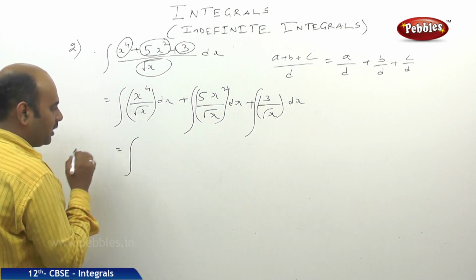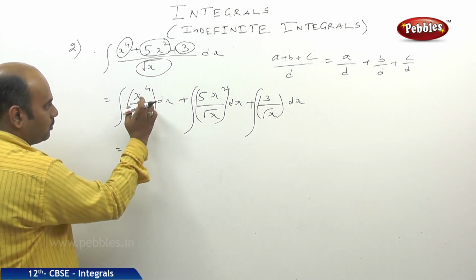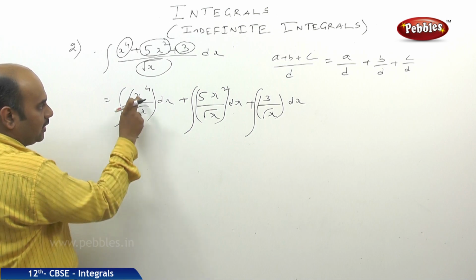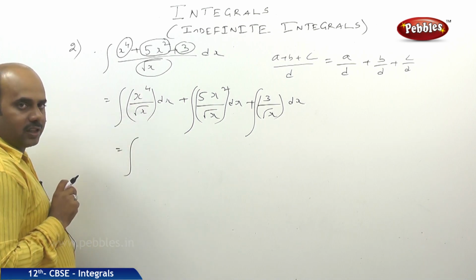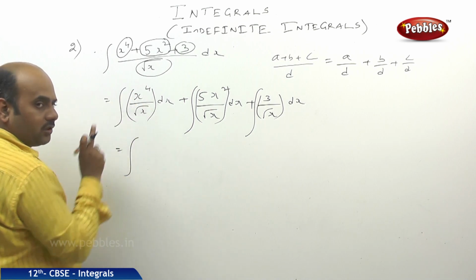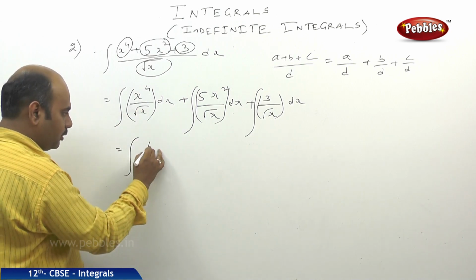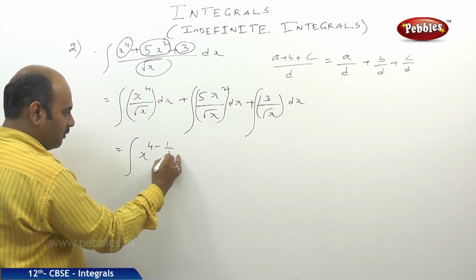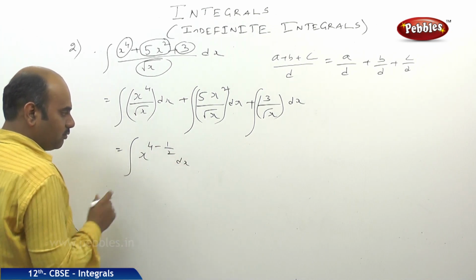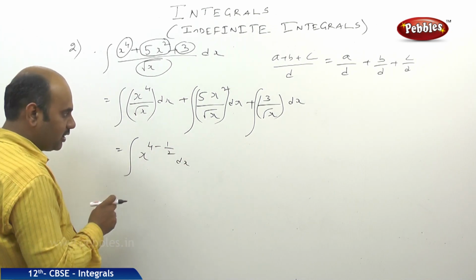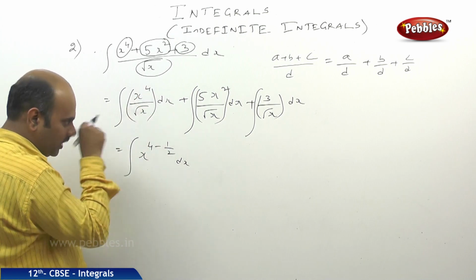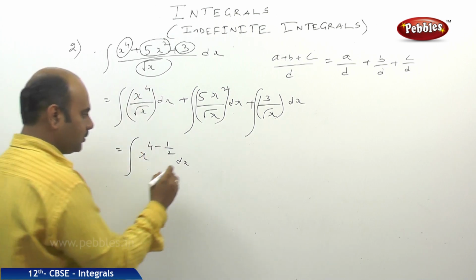Now before applying the integral, it looks like x^m by x^n, where m is 4 and n is 1 by 2. So x^(4 - 1/2) dx. Why? Because x^m by x^n means x^(m - n).